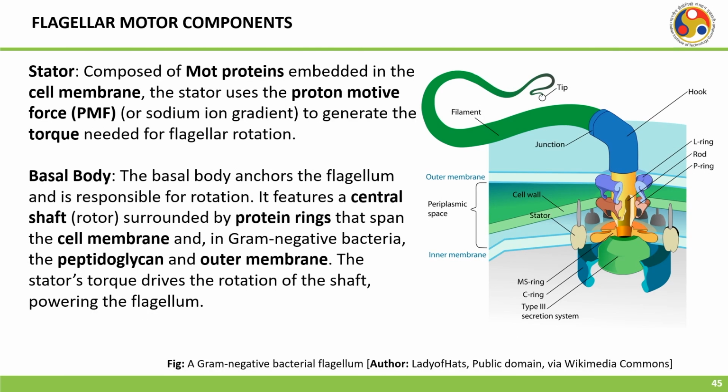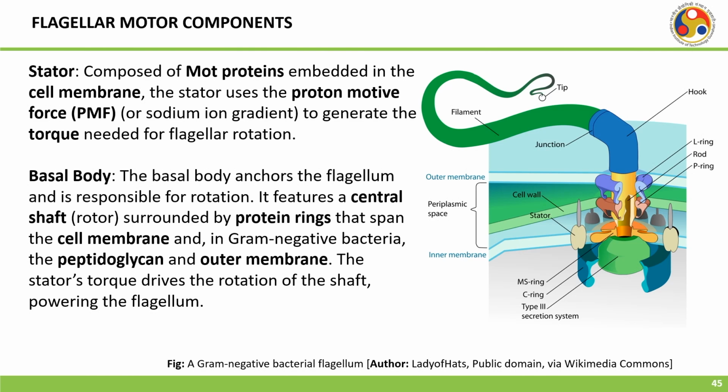What are the components of the flagellar motor? It basically contains a stator, you can see over here. This is composed of Mot proteins embedded in the cell membrane. The stator uses the proton motive force to generate the torque needed for flagellar rotation. Then we have the basal body.